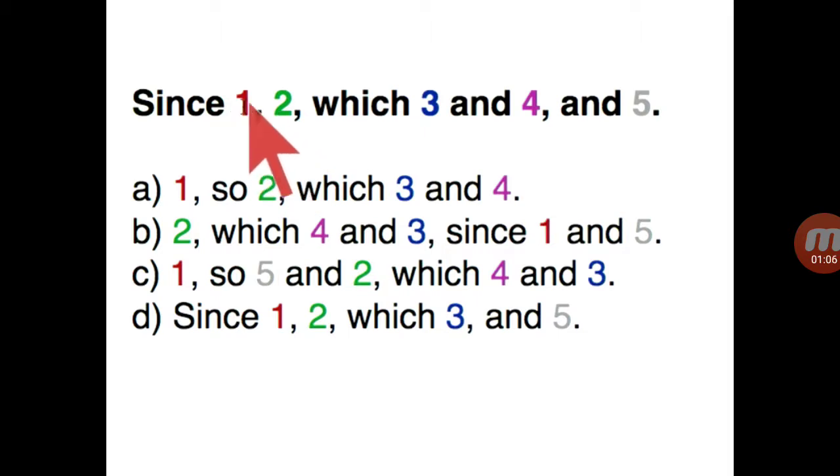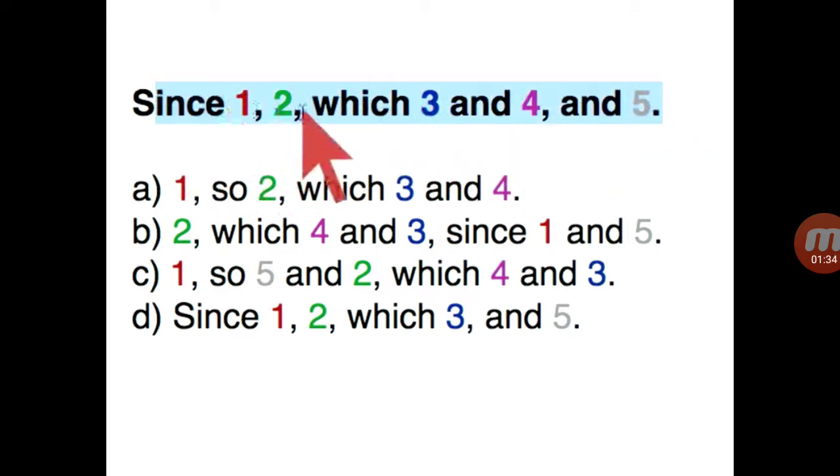So 1 is a simple clause, 2 is a simple clause, and 3 is a simple clause. So this can be, since I'm hungry, I'm going to eat, which is nice, and I like it, and I'm going to drink too. Something like that. Don't worry too much about the example I gave, I just want you to understand that these represent clauses. So the first step we've already done.